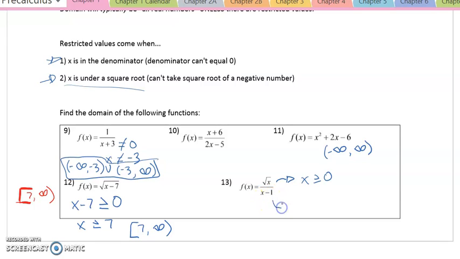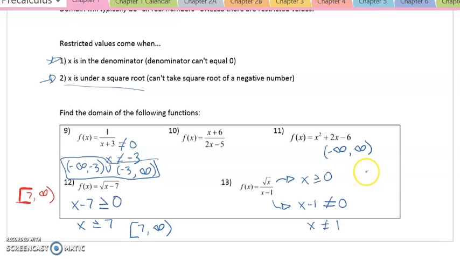Down here, I know the denominator can't equal 0. So if I add 1 to both sides, I get x cannot equal positive 1. So how do I express that? Okay, greater than or equal to 0 and then can't equal 1.